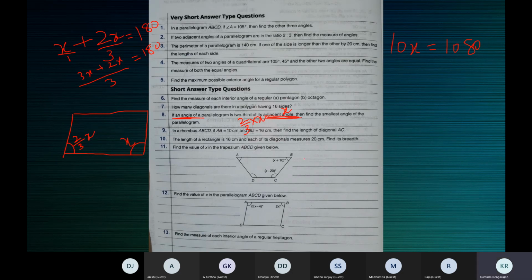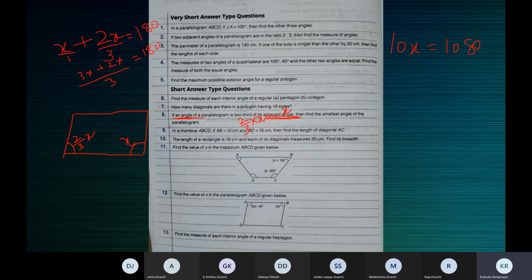All of you finished this one? Is question number 8 over? Yes, ma'am. So you must say let the adjacent angle be x.